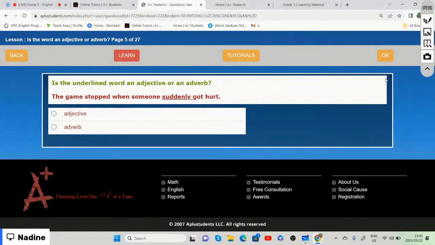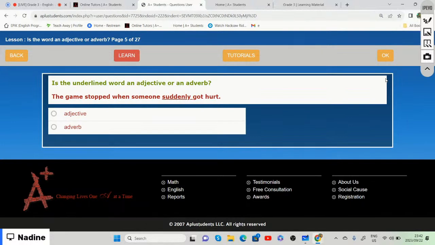And we're going to do one last one. The game stopped when someone suddenly got hurt. Is the word suddenly an adjective or an adverb? Is it telling us about the verb or about a noun?